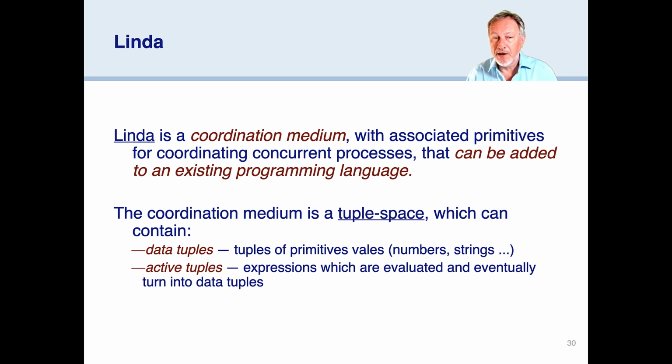You can also have, as an extension to Linda, so-called active tuples. An active tuple is an expression which can be evaluated, like a script or a fragment of a program, which once it's terminated produces a tuple that then is a plain old data tuple sitting in the coordination medium.